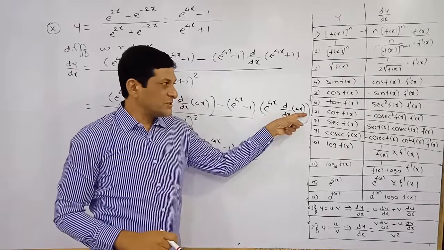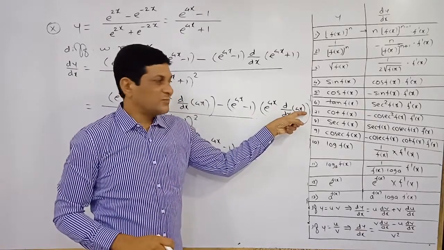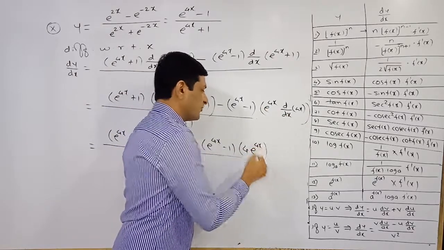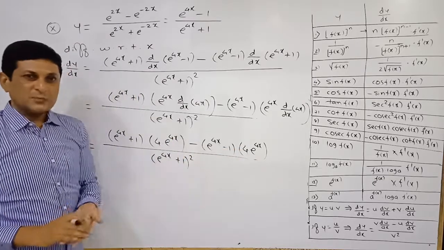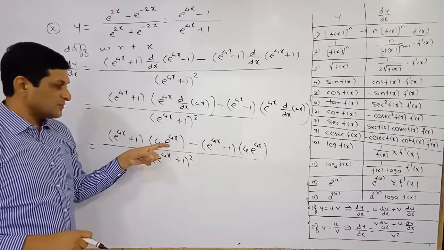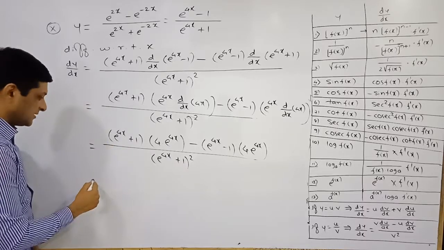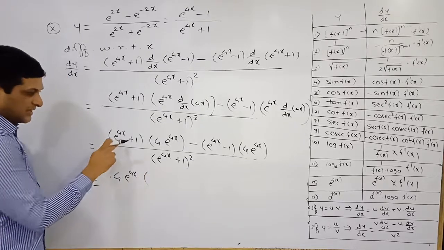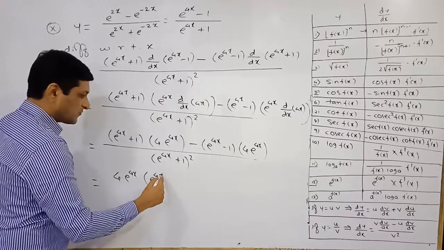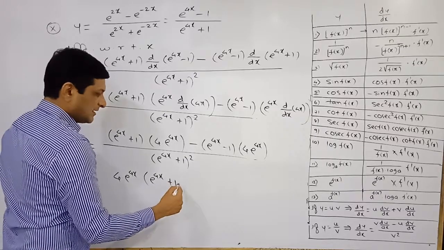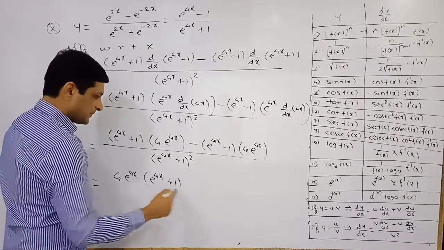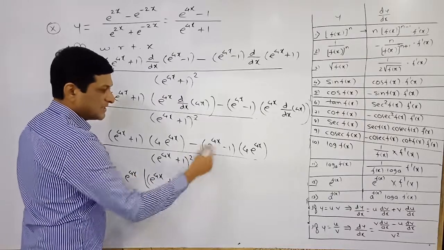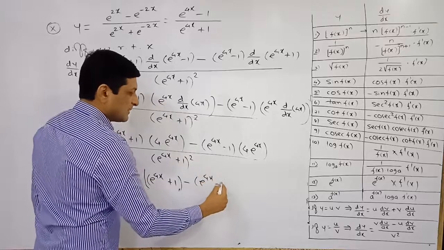Now we are finding the differentiation of the second term. What is the derivative of 4x? 4. And 4 into e raised to power 4x is 4 e raised to power 4x. Now if you observe these two terms, can I take 4 e raised to power 4x common from both the terms? If we take 4 e raised to power 4x common from both the terms, the remaining term here will be e raised to power 4x plus 1, and here the remaining term will be minus e raised to power 4x minus 1.